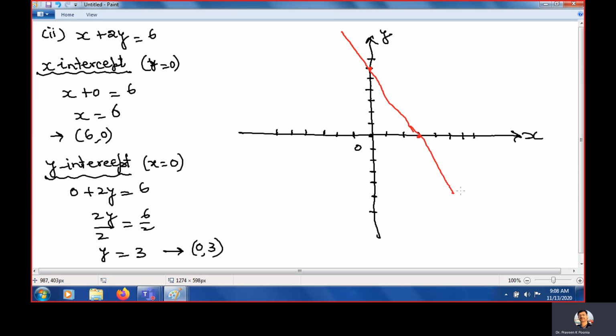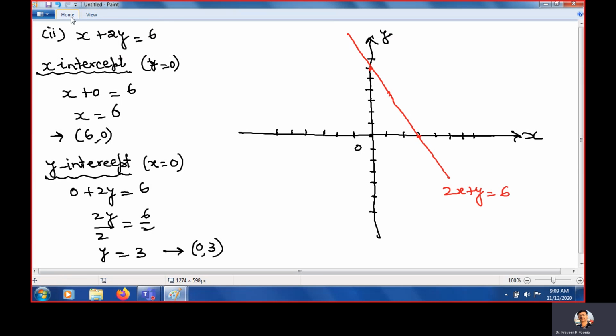The middle is not correct, so we will draw it like this. Yes. This is 2x plus y equals 6.